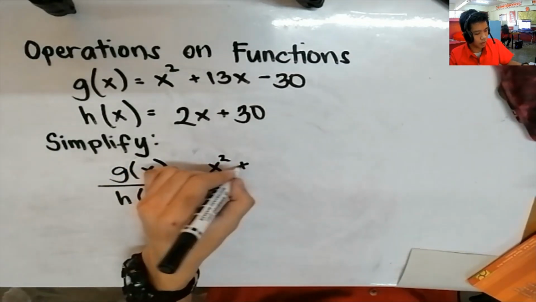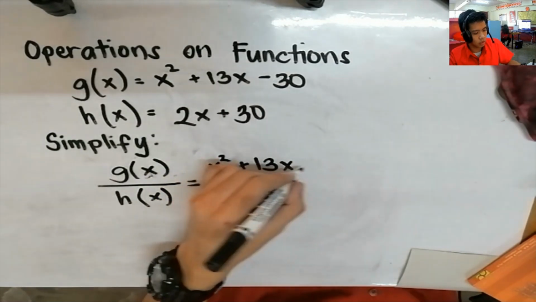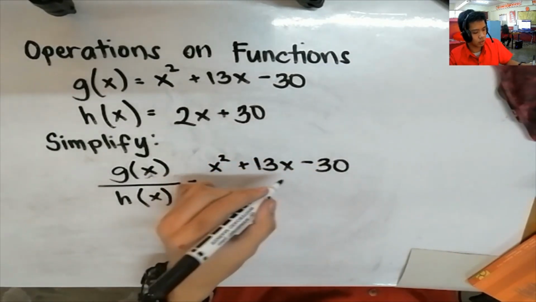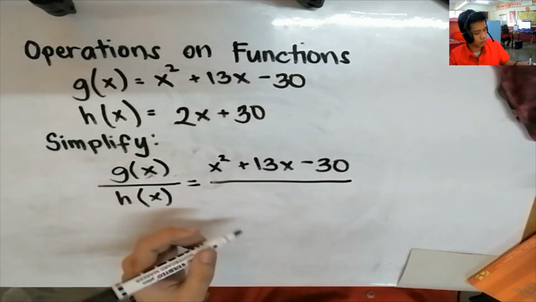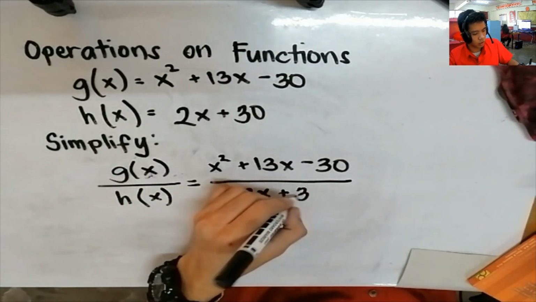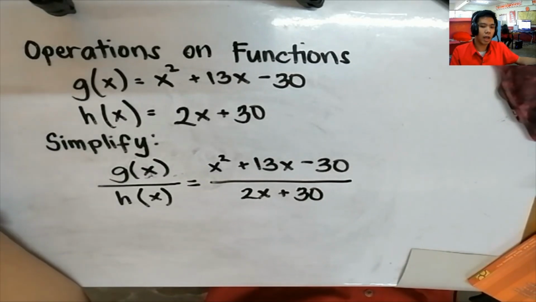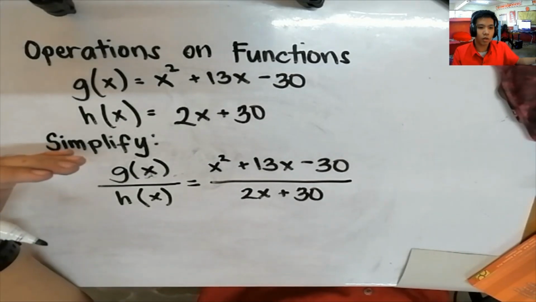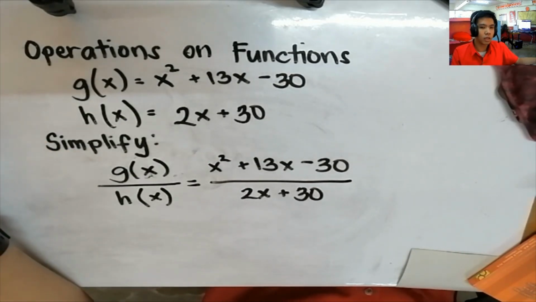That is our g of x, and our h of x is 2x plus 30. Now, in division, you will need factorization. You need to know how to factor an expression.